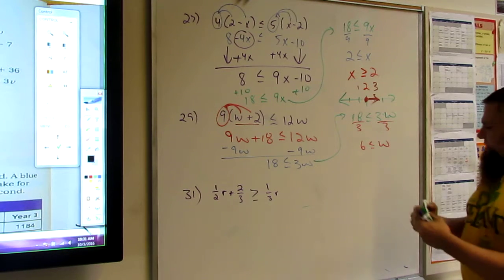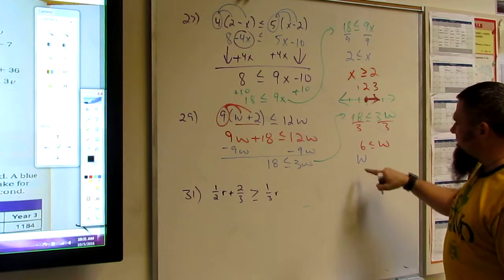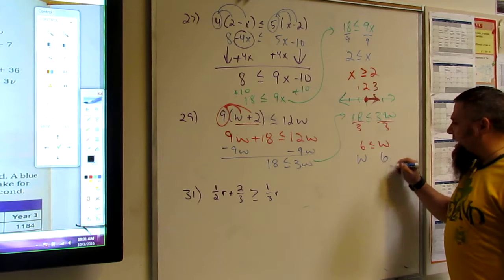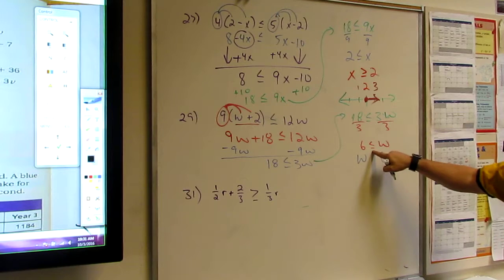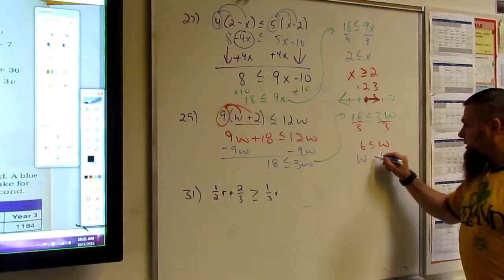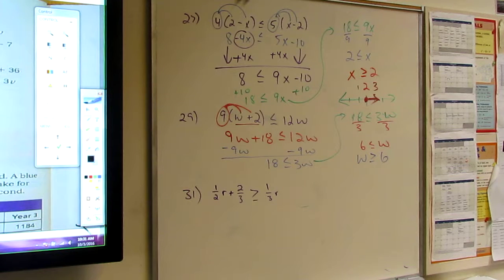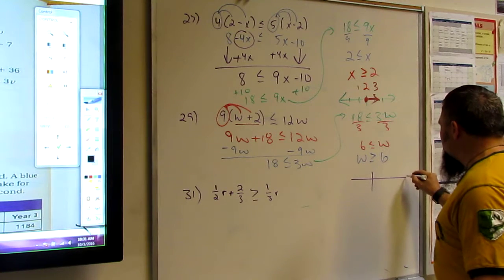If I switch this so that the W is on the left and the 6 is on the right, then this points at the 6, right? So it still points at the 6. Now the arrow is showing the direction of how to graph it. And that's why we do that.